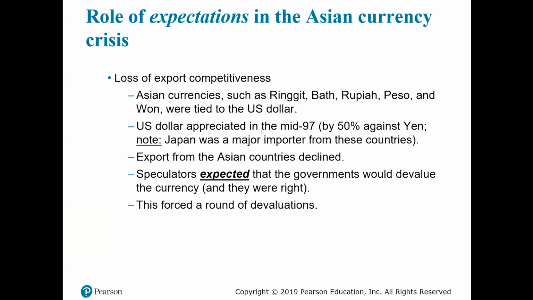Japan was the major trading partner of these countries. So when US dollar appreciated against Japanese yen, as a result, Malaysian ringgit also appreciated against Japanese yen because Malaysian ringgit was tied to the US dollar. So was Thai baht, Indonesian rupiah.